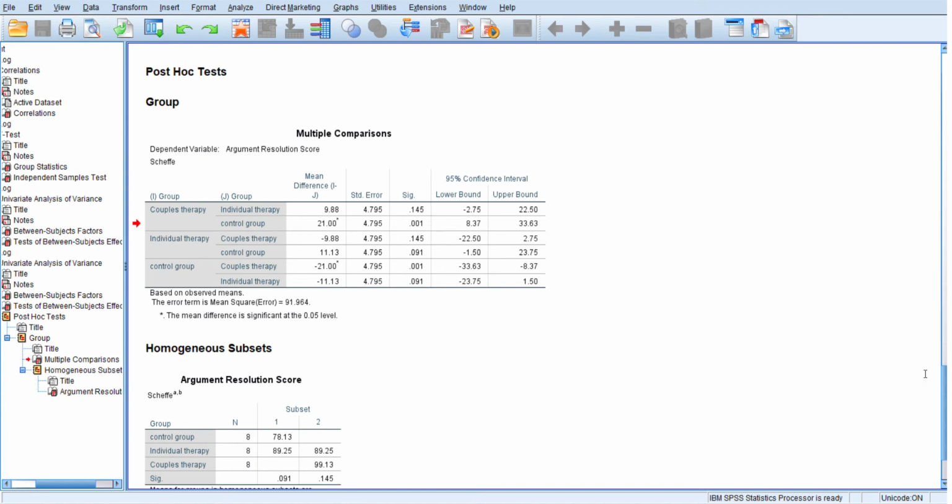Okay, so I've written here, follow-up Scheffé post hoc tests indicated that the couples therapy average score on argument resolution was significantly higher, and I should say couples therapy group's average score on argument resolution was significantly higher than the average argument resolution score in the control group.